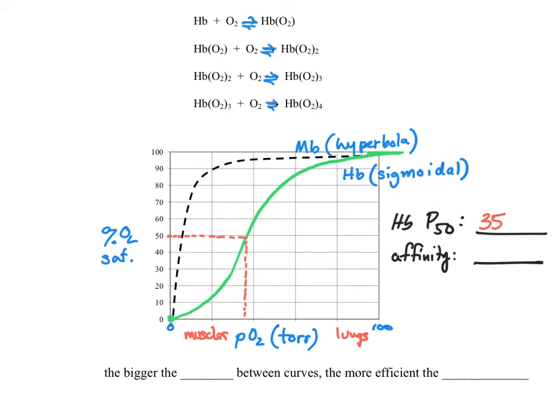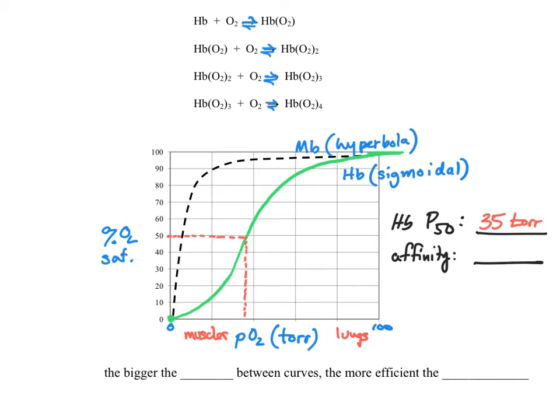Now, by the way, that's a pretty good answer, but it's not quite correct. I'd take off points if that was your total answer. The real answer is 35 torr. You got to have the units on there.